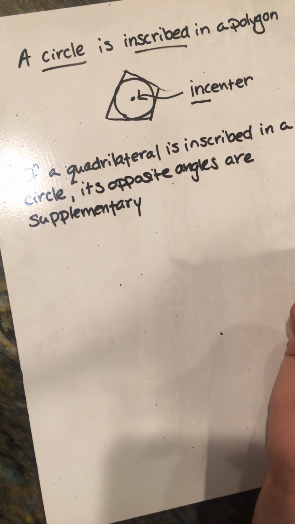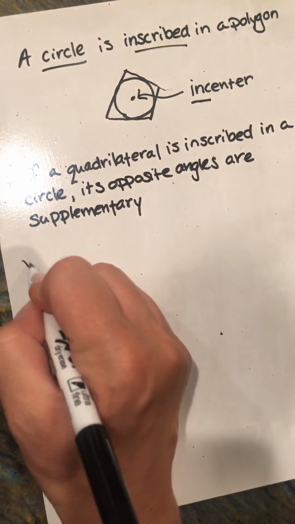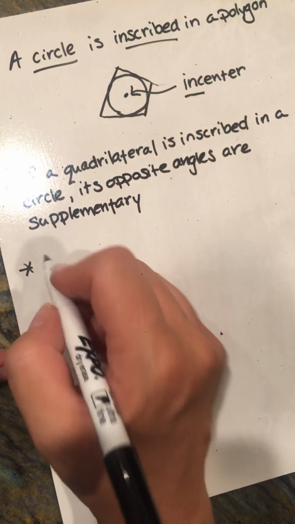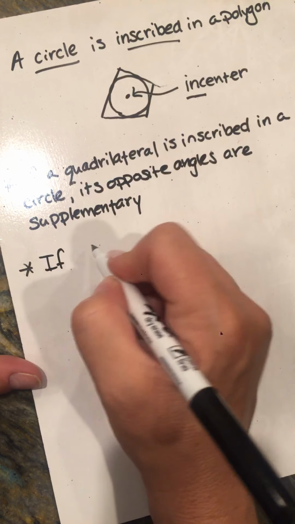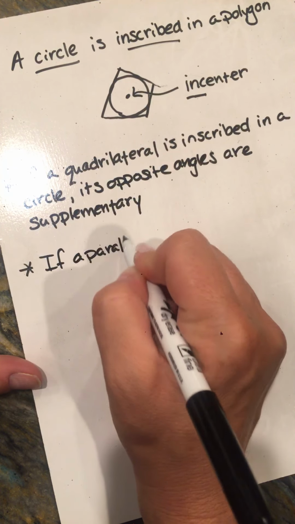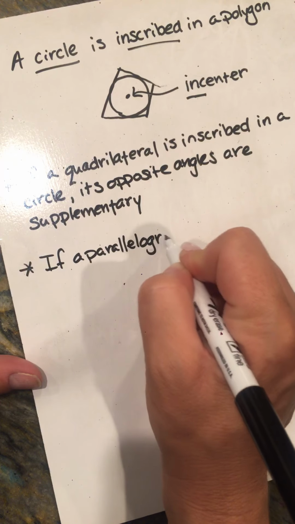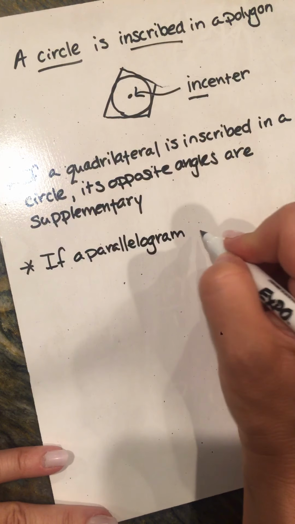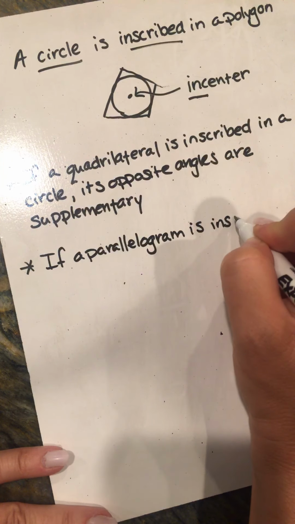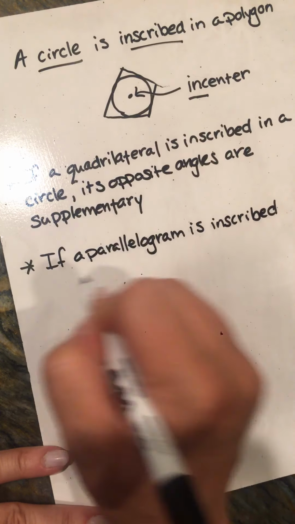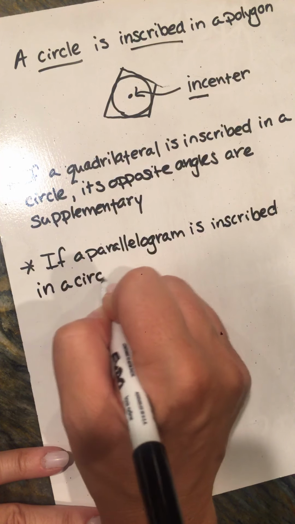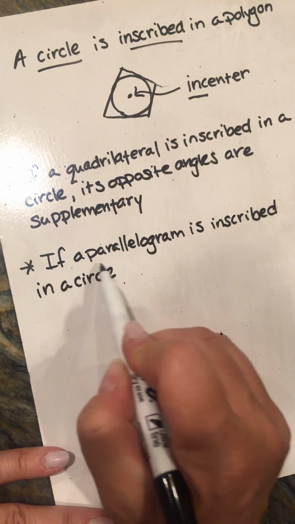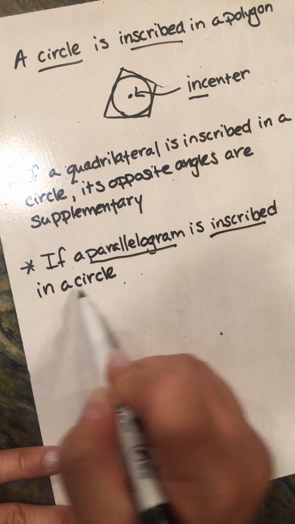Interesting thought. So since we're talking about a parallelogram, we need to make sure that we say that it is a premise. So if a parallelogram, not quadrilateral this time, parallelogram, is inscribed in a circle, all right, so our premise, we need to have a parallelogram and it needs to be inscribed in a circle.